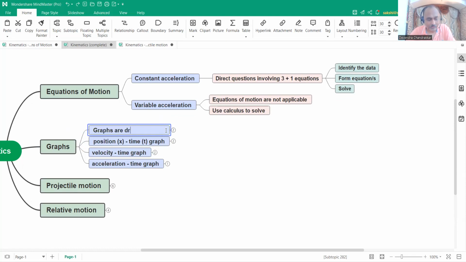Graphs are drawn only for one dimensional motion.